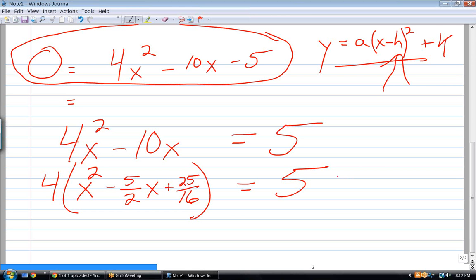Which, what do I have to do to this side over here? Now I would add it. Okay. But not 25/16. 25/16 times 4. Because what I really did when I wrote that in there is I really added 25/4 to the left side of the equation, so I have to add 25/4 to the right side of the equation. Okay?